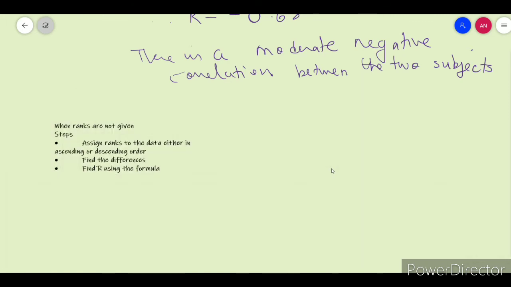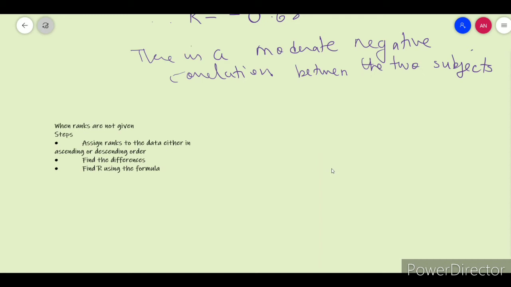The steps to be followed are: assign ranks to the data either in ascending or descending order. It means the largest value is assigned rank 1, the second largest is assigned rank 2, the third largest is assigned rank 3, and so on.